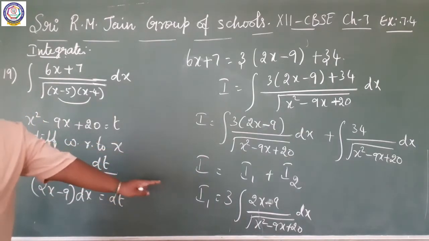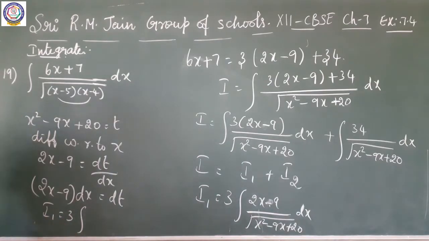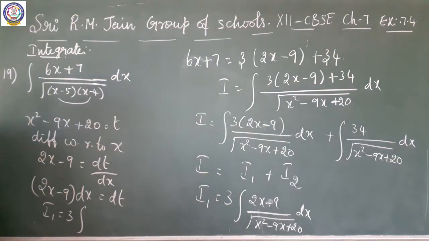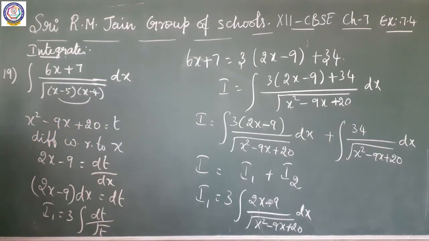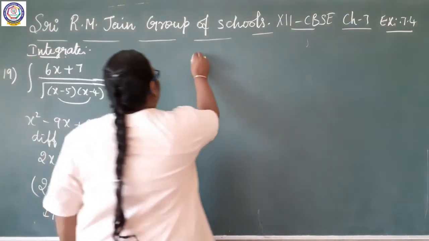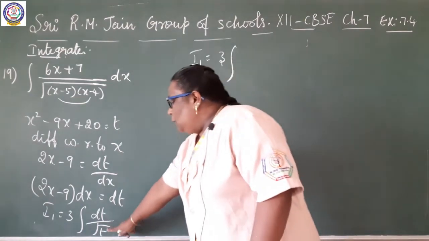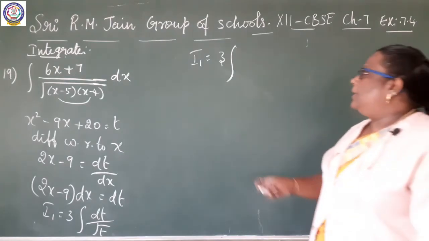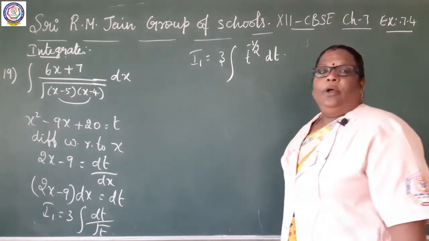Substitute in I1: I1 equal to 3 into integral (2x minus 9) dx, which is dt, by root t. That root t you can bring into the numerator, and root also can be written as whole power 1 by 2. It comes t power minus 1 by 2 into dt.